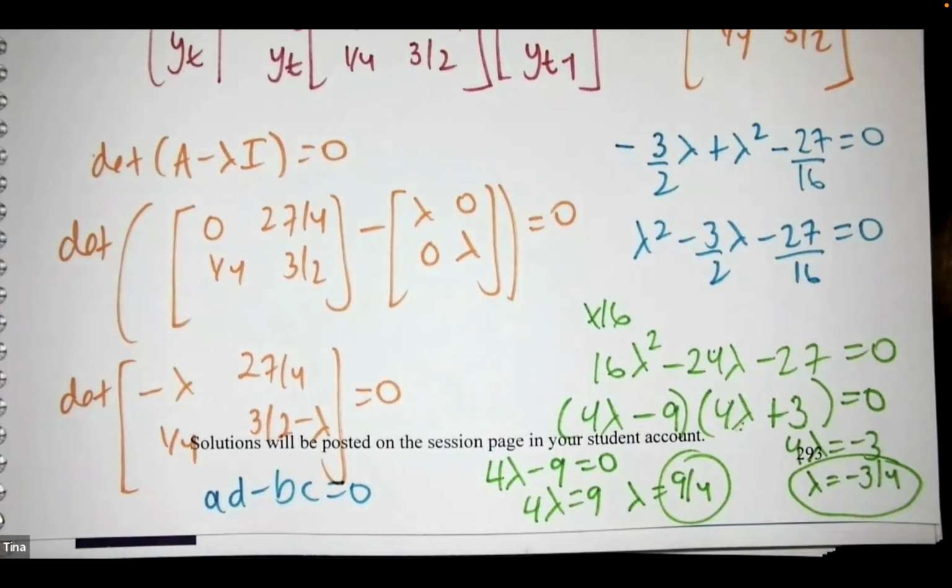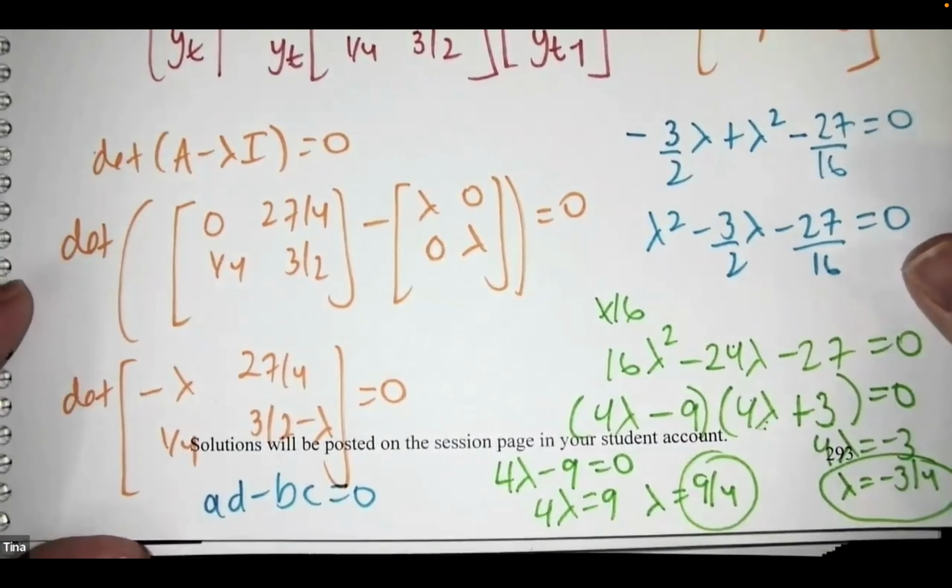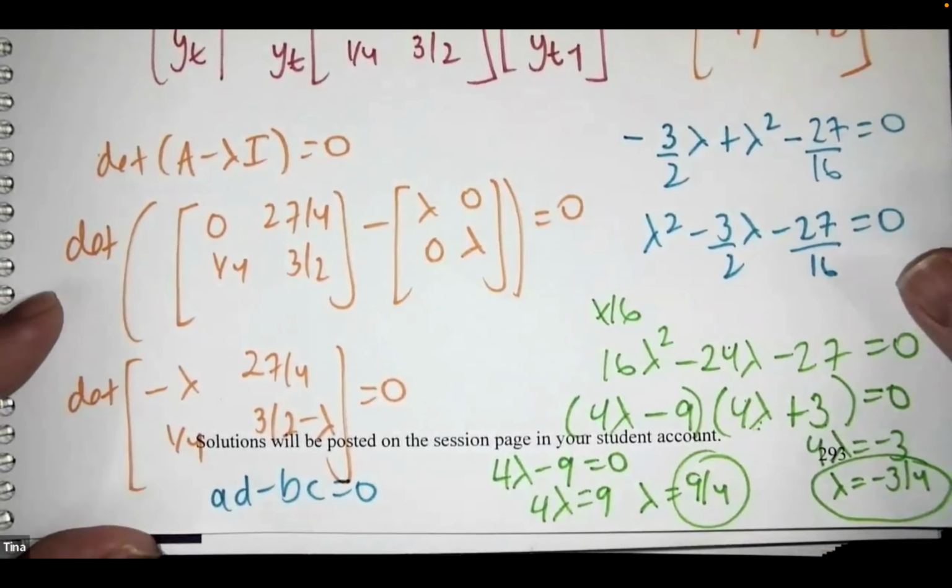Okay. And then, of course, we can put both of those in and find the eigenvector. So you can see how it's a lot of work, and the fractions don't help, right?